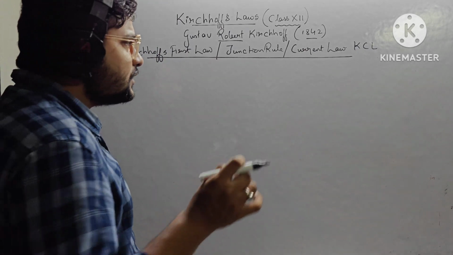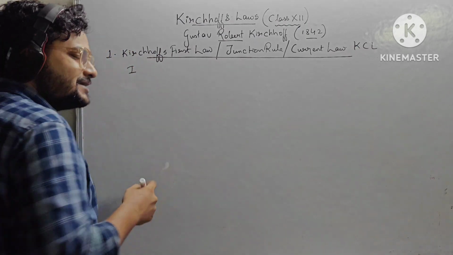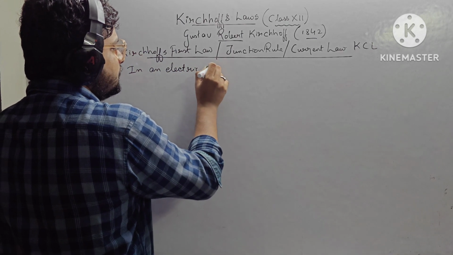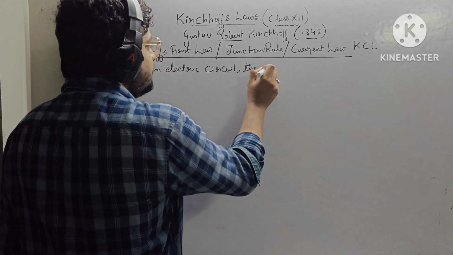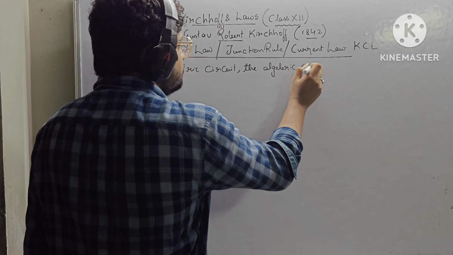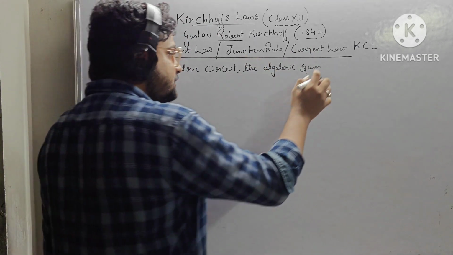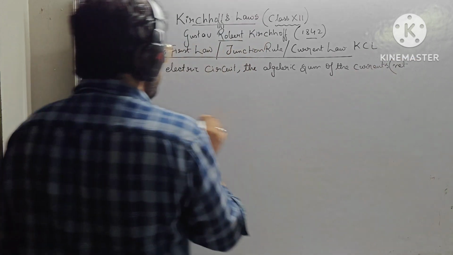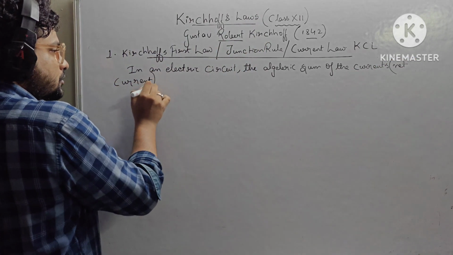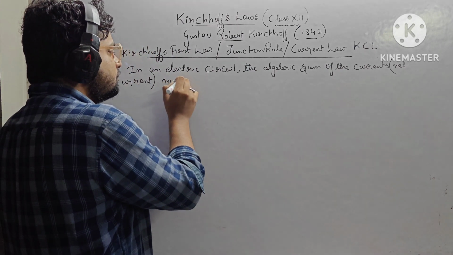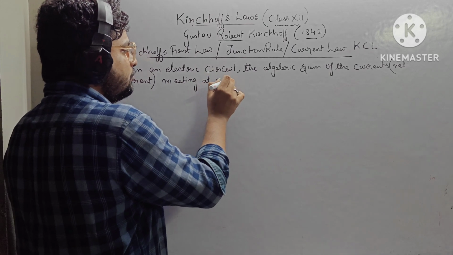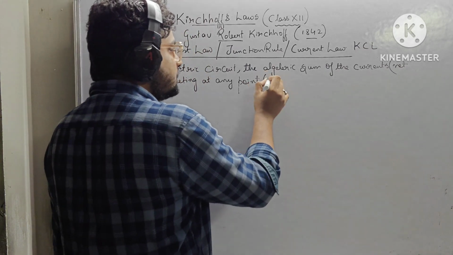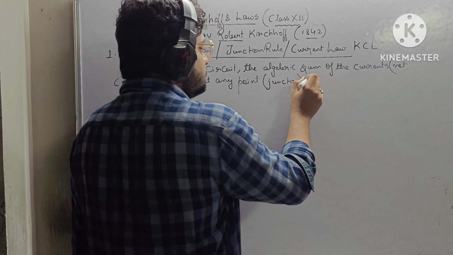Let's first see what the law tells us. In an electric circuit, the algebraic sum of the currents, also called the net current, meeting at any point or any junction is always zero.